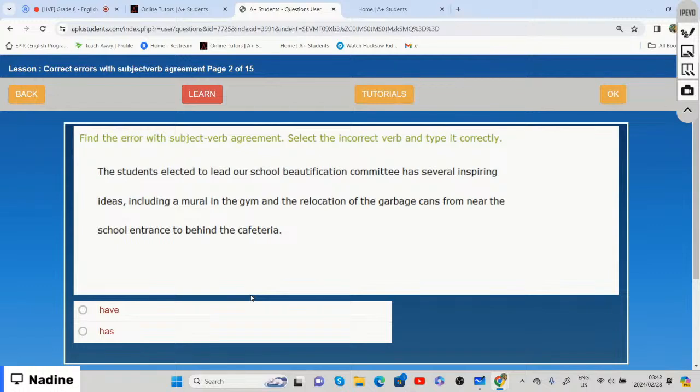The students elected to lead our school beautification committee has several inspiring ideas, including a mural in the gym and the relocation of the garbage cans from near the school entrance to behind the cafeteria.